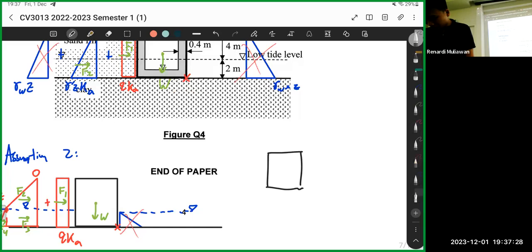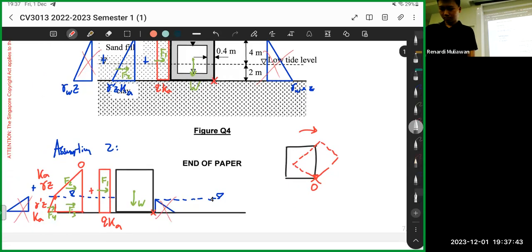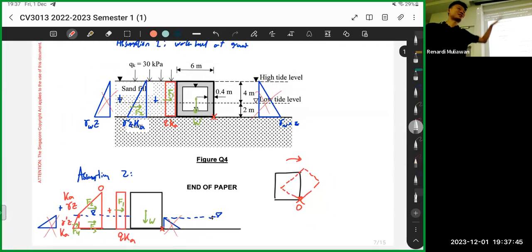Imagine someone pushing it now, basically. It will tilt like that. So this is your center of rotation. So take moment about this point. This one, you just follow my solution as a guide.